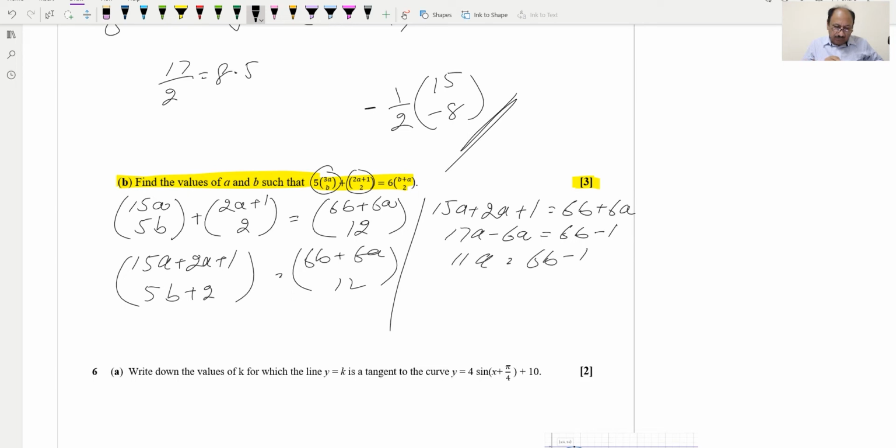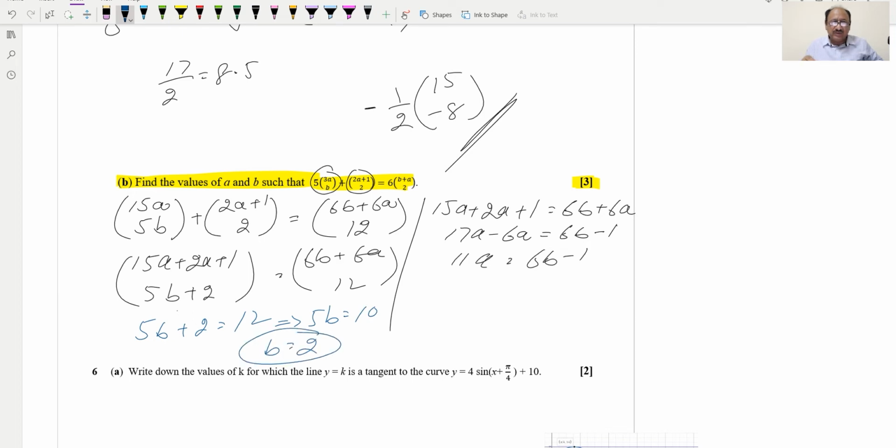And if we compare the lower part, this will be 5B plus 2 is equal to 12. So this implies 5B is equal to 10 and B is equal to 2.